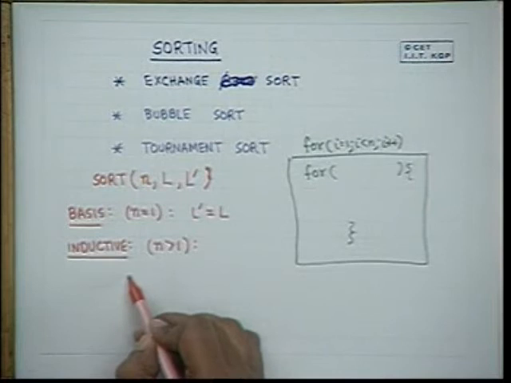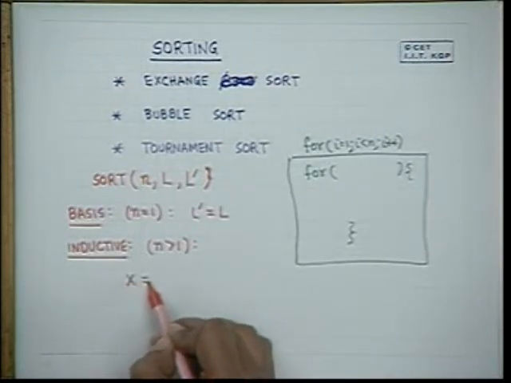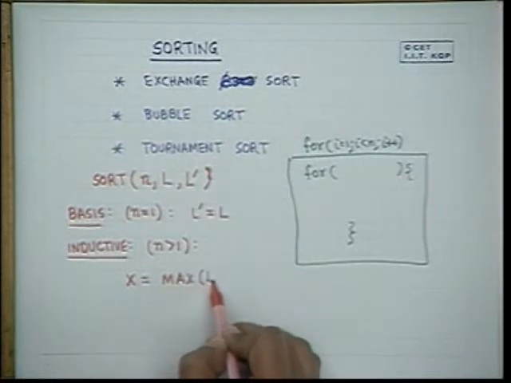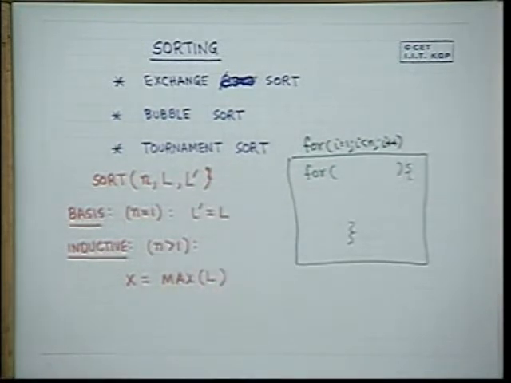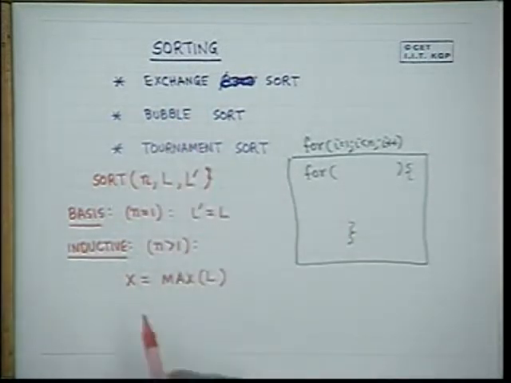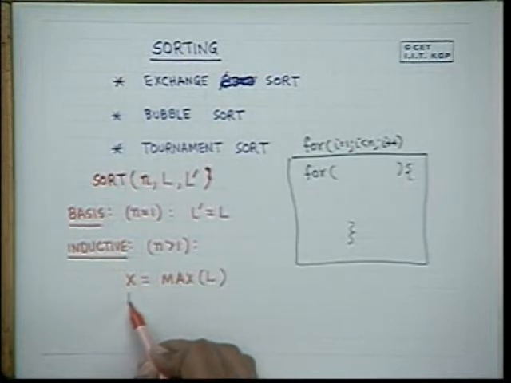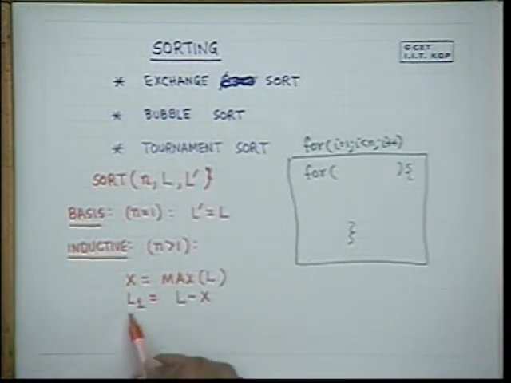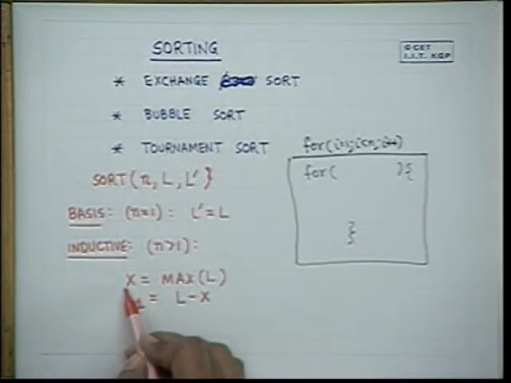Then the first thing that you do is x is equal to max of L. You find out the maximum element in all these three. Then L1 is equal to L minus x. This is the list obtained from L by removing this element x.